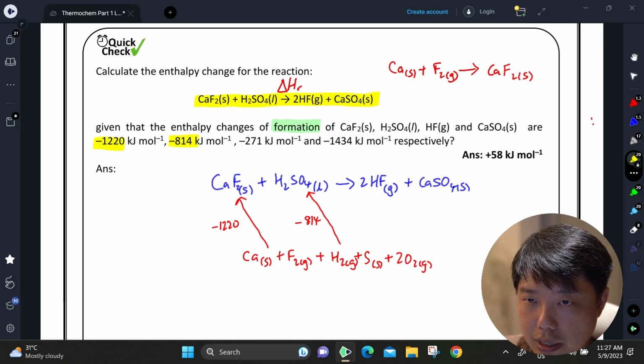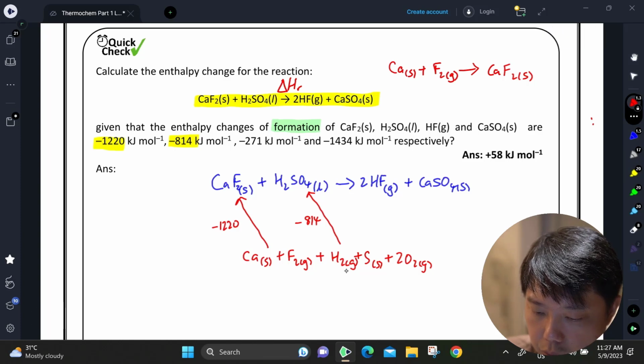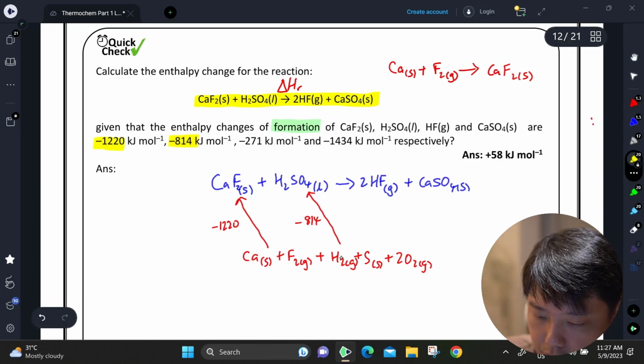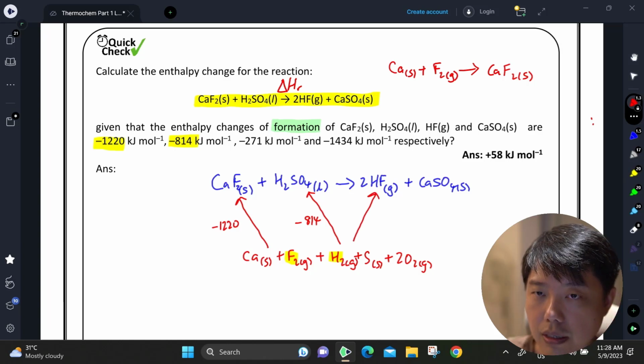Okay, so now we're left with the third one, which is hydrogen fluoride. You already have the elements present, H2 and F2, so we're just going to put this arrow here. But take note, enthalpy change of formation is for 1 mole of substance formed.